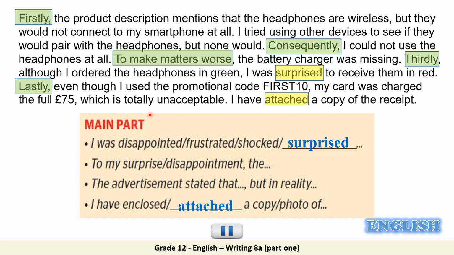Other linkers like consequently can be used to show relation between two sentences. So consequently is used to show result. So there is a reason, and after that there is the result. So put in mind using linkers to list and other linkers to show relation between the sentences in your writing.